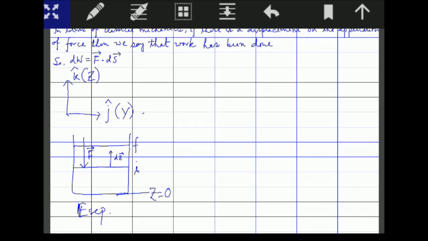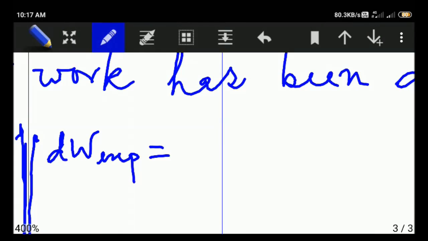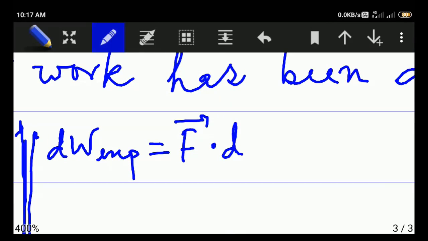And in case of expansion, the direction of displacement is towards the positive k direction. So dW expansion will be equal to F dot dz. Now F can be a function of z, so I can write F(z) dot dz.